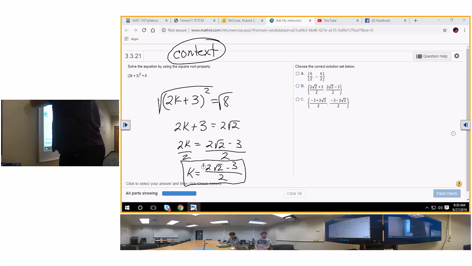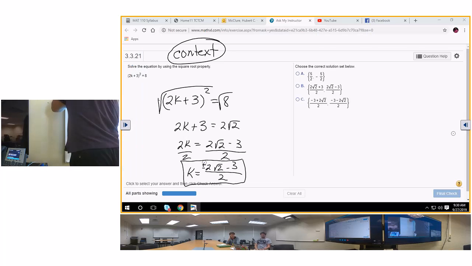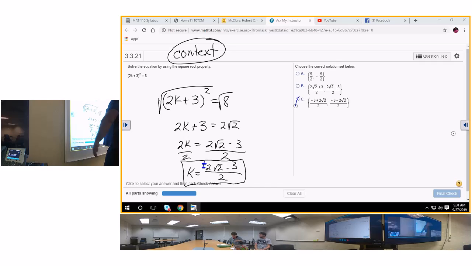It's the positive or the negative. So you need to take your highlighter and highlight that. That's a positive and a negative. So it's going to be negative 3 plus the square root of 2, negative 3 minus the square root of 2. And then they turn it around in a way that nobody ever writes it. So the answer is C.